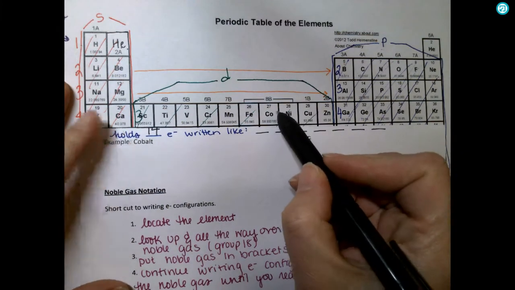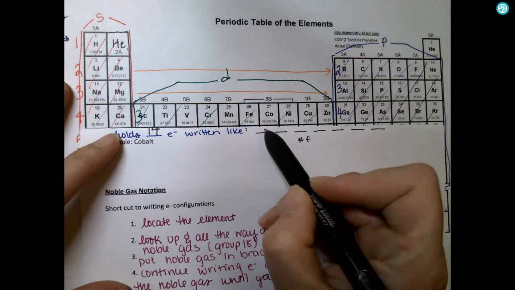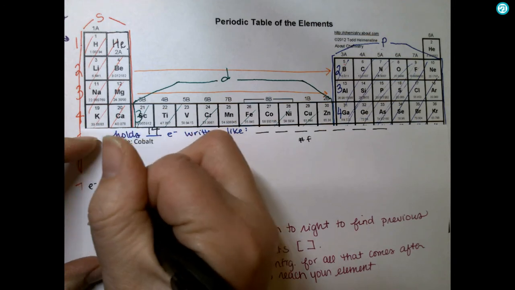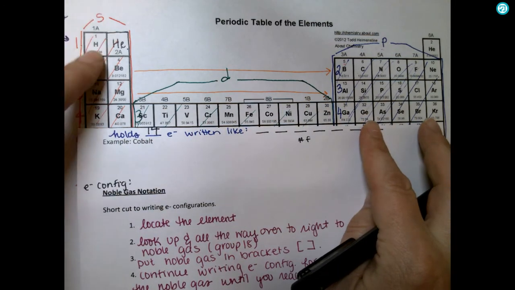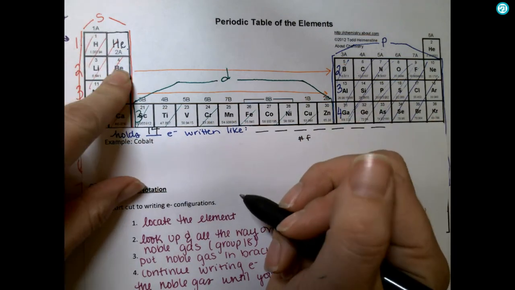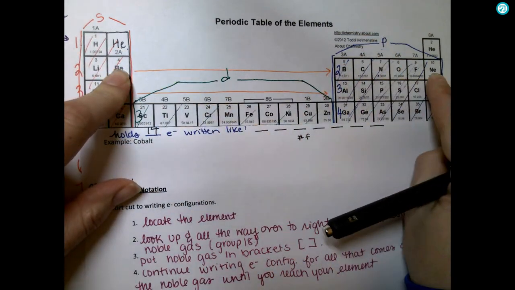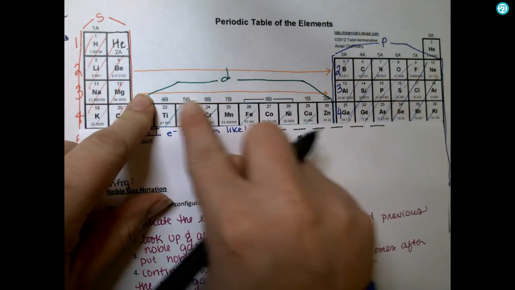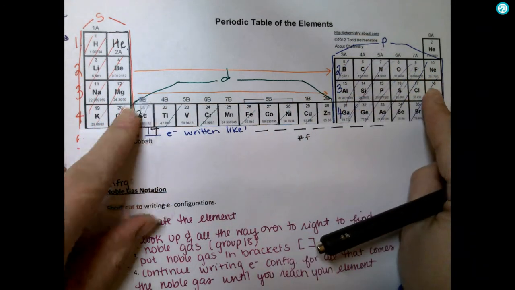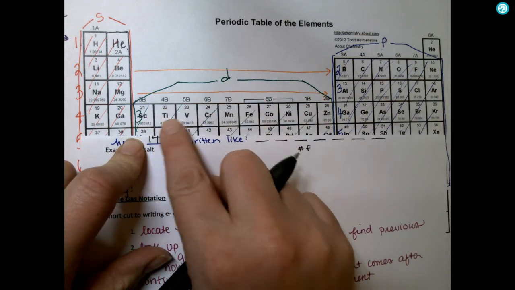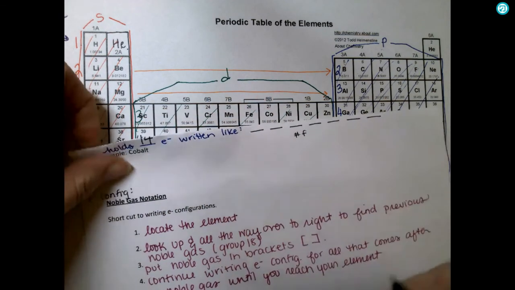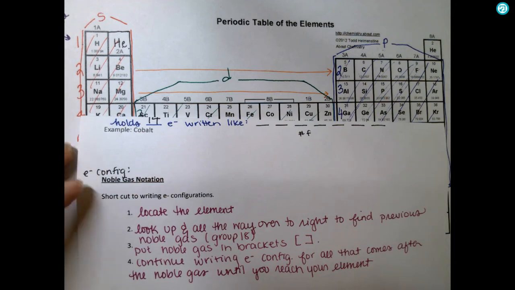Cobalt's electron configuration is 1s2, 2s2, 2p6, 3s2, 3p6, 4s2, 3d, 1, 2, 3, 4, 5, 6, 7. So I'm going to write them spread out a little bit.